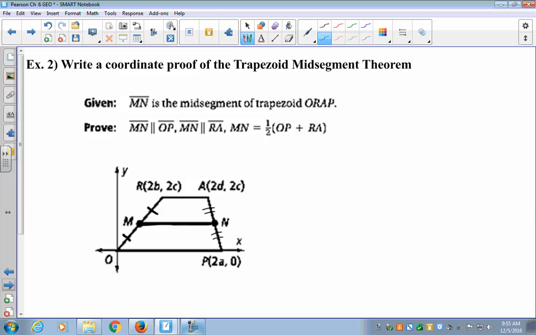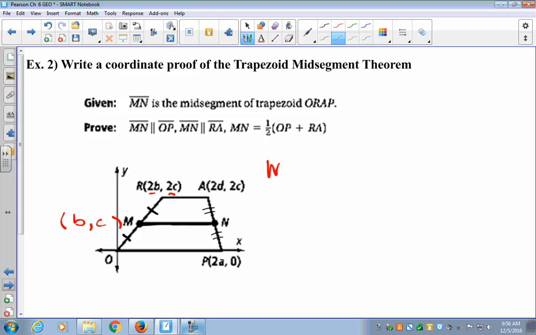So if it's the mid-segment, let's go ahead and find those coordinates for M and the coordinates for N. The coordinate for M is going to be half the distance, or half of the coordinates from 0 to R. R is 2B and 2C, half of that is B, comma C. And unfortunately, N doesn't have a little guy at the origin, so we have to kind of noodle this one. We're going to have to do work for this, between A and P.